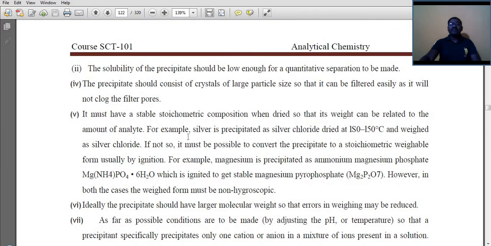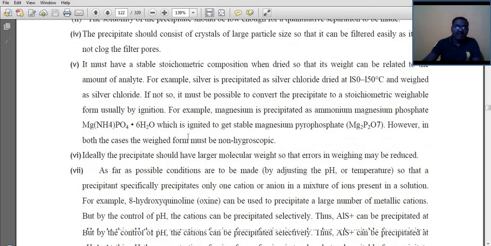The solubility of the precipitate should be low enough for a quantitative separation to be made. The precipitate should consist of crystals of large particle size so that it can be filtered easily, as it will not clog the filter pores.